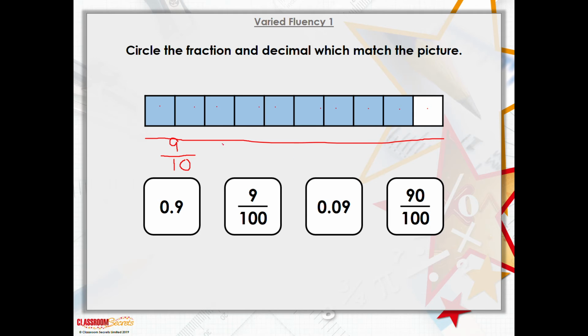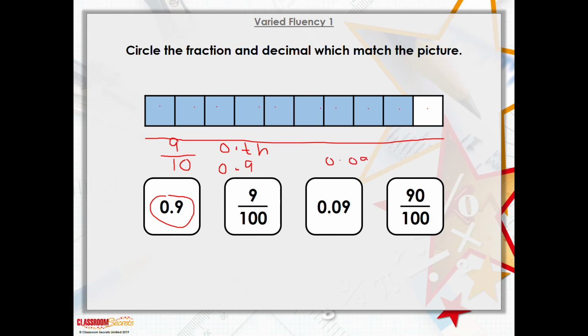I can show this as my place value. 9 tenths. We haven't hit a whole yet. So remember, we need to place our 0 in our ones. And then 9 tenths. Now 9 tenths is 0.9, so I can circle this one. It's not 9 hundredths, because 9 hundredths would actually be 0.09.